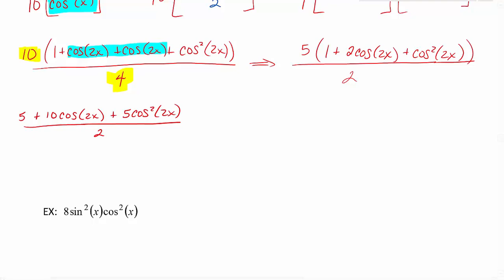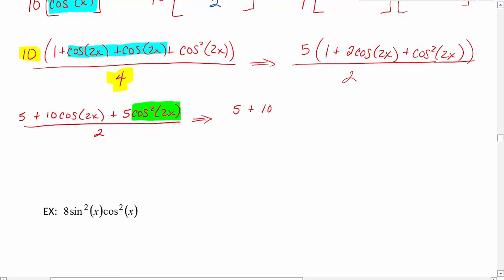So we see that we still have cosine squared, and we're trying to get down to just a power of 1, so we'll have to do our power reducing a second time. I'm going to rewrite everything that stays the same. And now we'll plug in our formula.